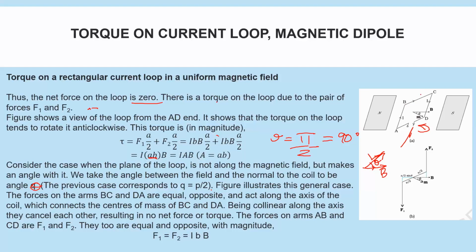Since they are collinear, they cancel each other out, and again there is no net force or torque. The forces on arms AB and CD are again taken as F1 and F2, and they too are equal and opposite. So again the magnitude F1 is equal to F2 is equal to IbB.